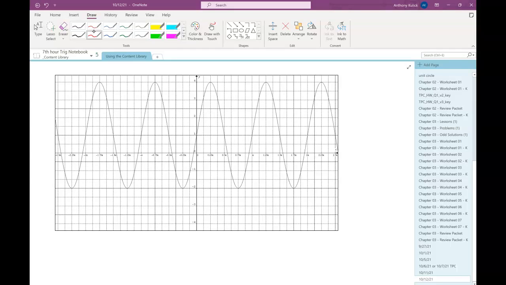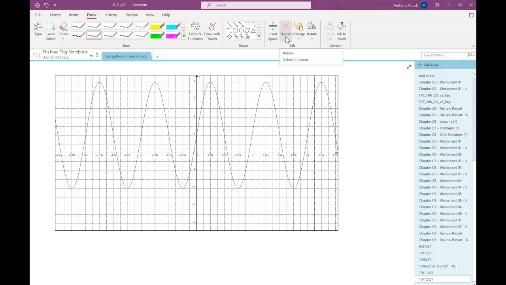So the idea here is that we want to take this and turn it into an equation. How clear is that? Can you see it, pixel-wise? Okay. All right.